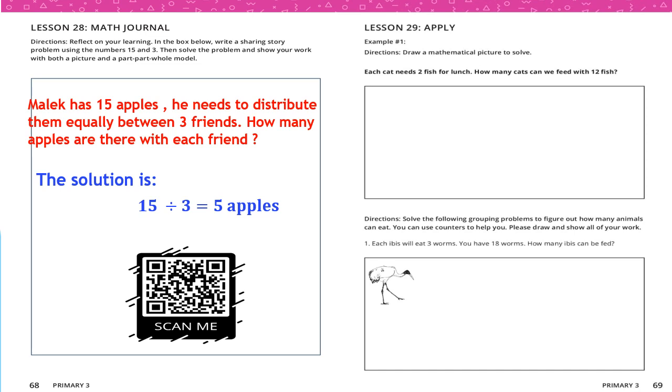So how many cats will we have? We can feed 12 divided by 2. We have 6 cats, since we want to divide the 12 fish equally.